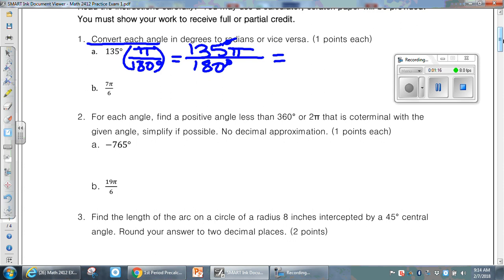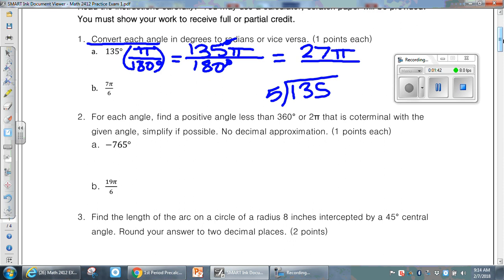5, yes. So if we divide that by 5, 135 divided by 5 is 27. Then 180 divided by 5? 36. No, I don't think so, because it can't be bigger.